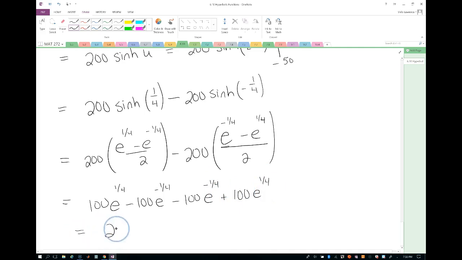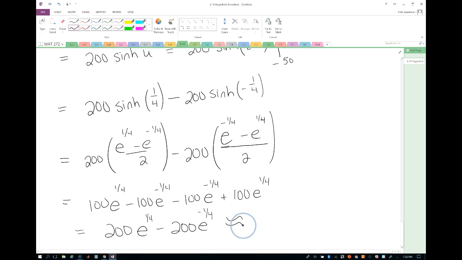So I have a total of 200 e to the 1/4 and then minus 200 e to the negative 1/4. Now, those do not cancel out. They've got completely different exponents, and if you look in your calculator, e to the 1/4 and e to the negative 1/4 are not opposite values. They're two completely different values.